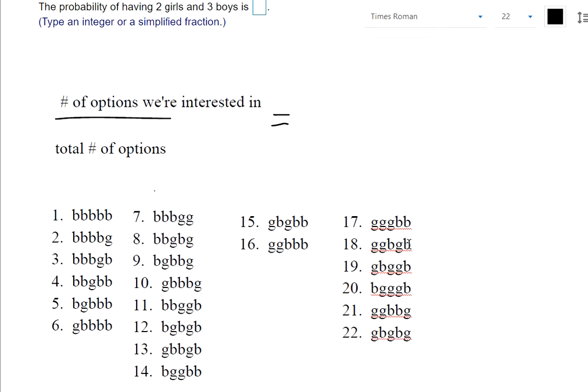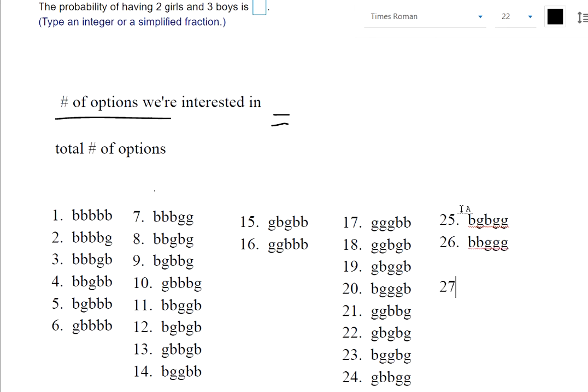So I'm looking at our list and I'm replacing all the G's with B's and vice versa. Then over here for 25 we've got boy, girl, girl. 26 is boy, girl, girl. So that's all the ways of having 2 boys and 3 girls.